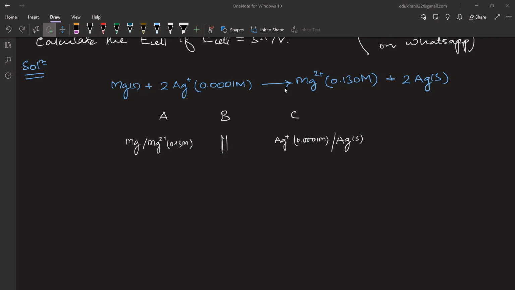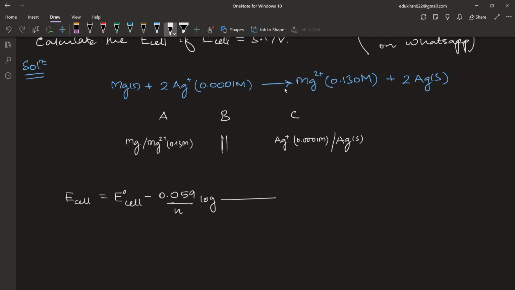Now, the most important thing here is when you write the Nernst equation, you will write it like this. E cell will be equal to E naught cell minus 0.059 divided by n, and log of how much?